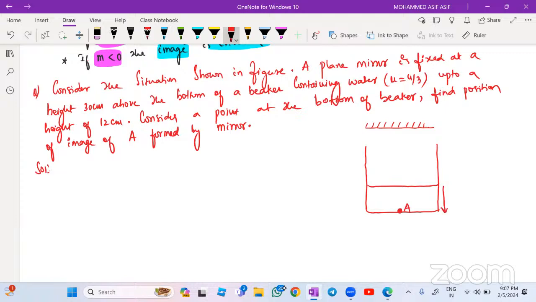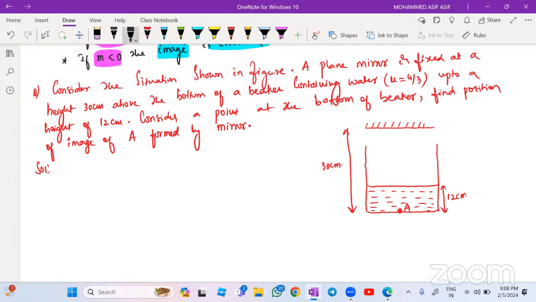This distance is given as 12 centimeters, and the mirror is kept at a distance of 30 centimeters from point A. So a plane mirror is fixed at a height of 30 centimeters above the bottom of the beaker containing water up to a height of 12 centimeters. Consider a point at the bottom of the beaker and find the position of the image formed by the mirror.